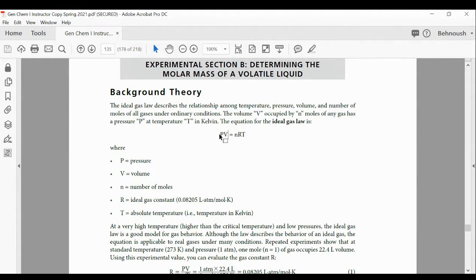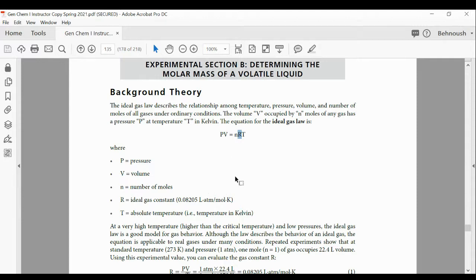When we are using the ideal gas law, you have to make sure that you use units that match the units of R. If the unit for the R value, the constant, is liter atmosphere per mole per Kelvin, then volume must be in liters and pressure must be in atm.